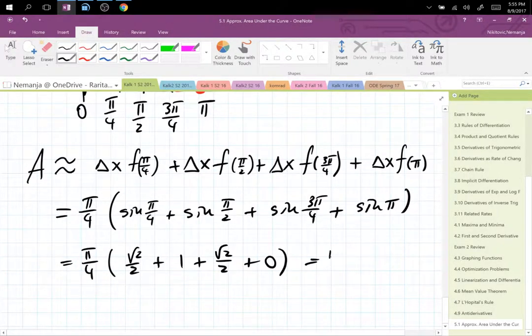And we're getting pi over 4 times 1 plus root 2. That's it. Now you can go and get the decimal if you want to in the calculator. It's not something that we really care about too much.